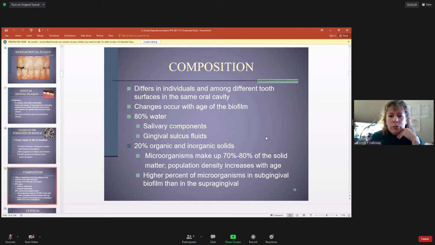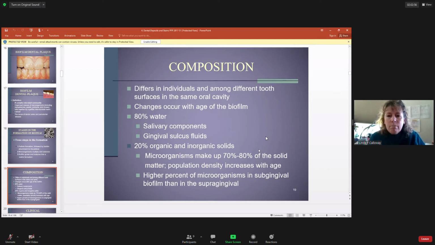80% of it is water, which is your salivary components and your gingival sulcus fluids. And what is that? That is your acquired pellicle, right? But 20% is the organic and inorganic solids. The microorganisms make up 70 to 80% of the solid matter. So 20% of the biofilm is these organic and inorganic solids, and the solids are 80% microorganisms, right?